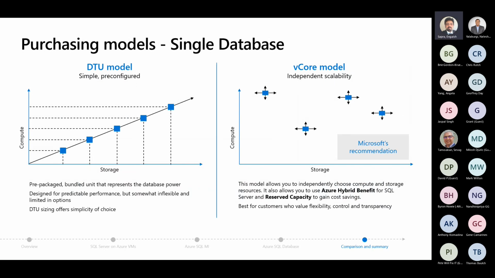Right. So purchasing models, coming back to the DTU versus vCore model, a little more on what it means. First, the DTU model is not available for Azure SQL MI. The vCore model is usually recommended because it allows you to independently choose compute and storage resources, while the DTU based model is a bundled measure of compute, storage, and IO.